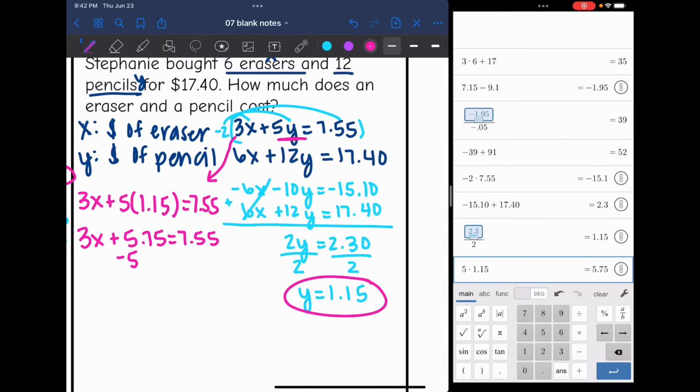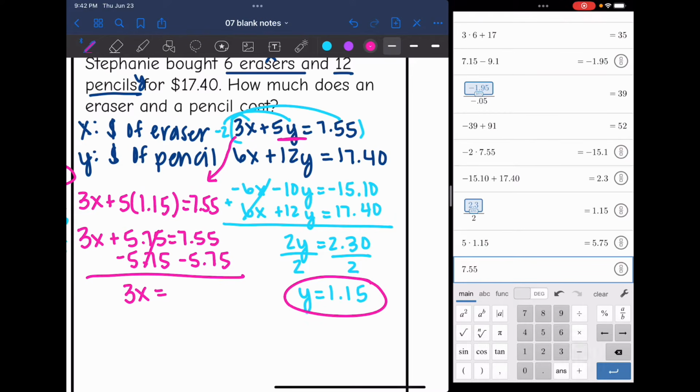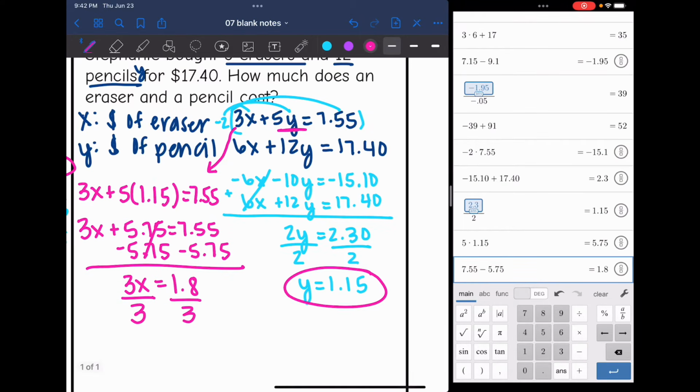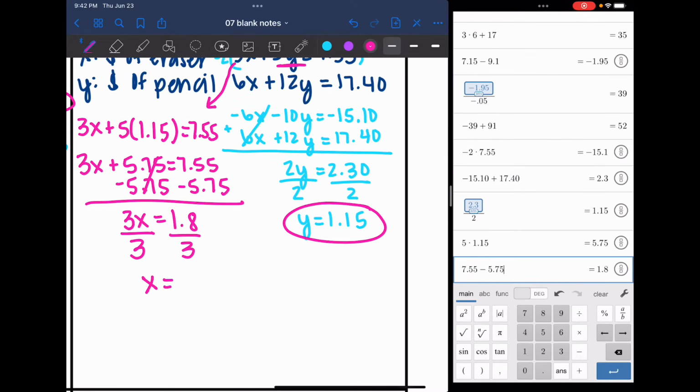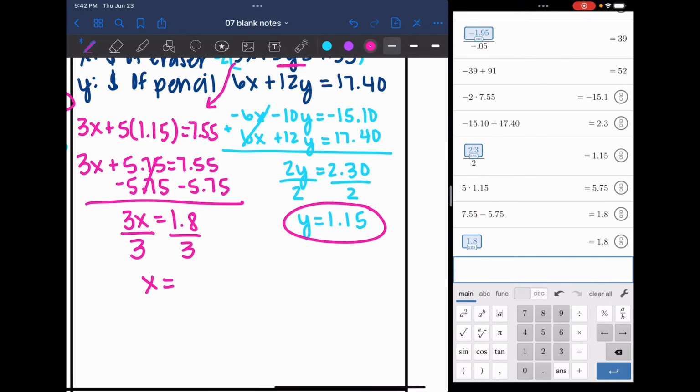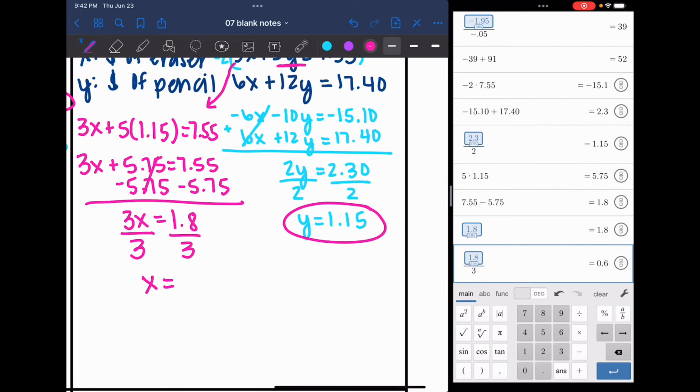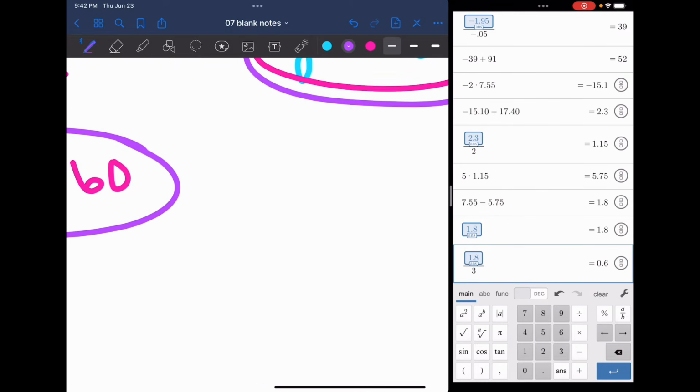And then I'm going to subtract 5.75 from both sides. And I get 3x equals 7.55 minus 5.75, which is 1.8. And then I'm going to divide by 3. And I get x equals 1.8 divided by 3, which is 0.6. So erasers were 60 cents and pencils were $1.15.